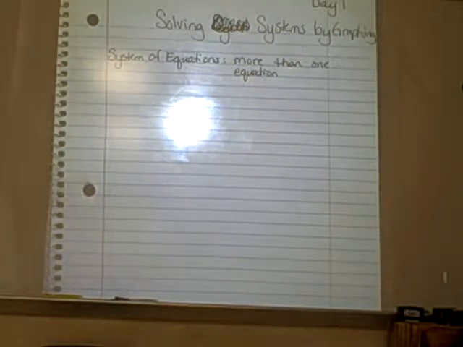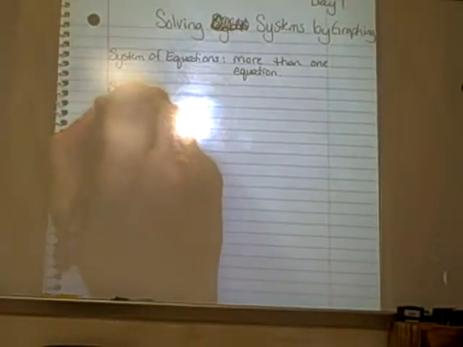It means we're looking at more than one. Now in Algebra 1, we are only going to look at 2. Later on in other math classes, there's a chance that you might look at 3 or 4 or 5. But in our class, we're only focused on 2 equations at a time. So it won't get more complicated than that. It'll stick with 2 for our systems.